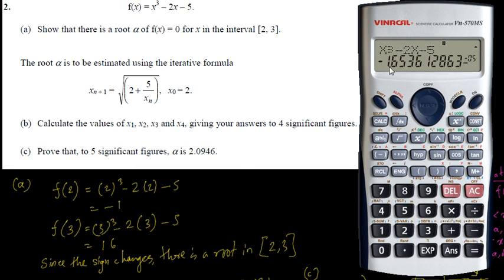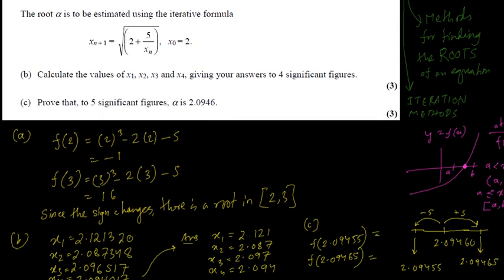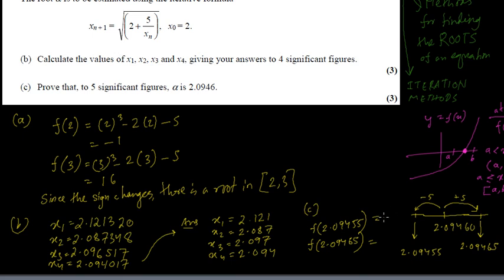So minus 1.65 times 10 to the power minus 5.